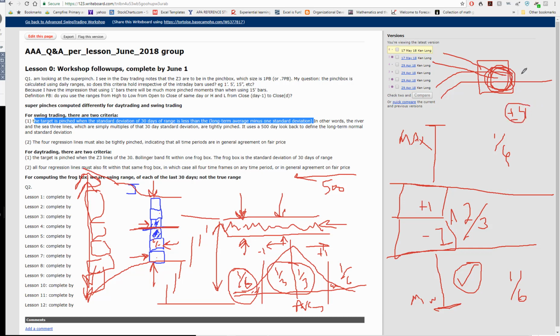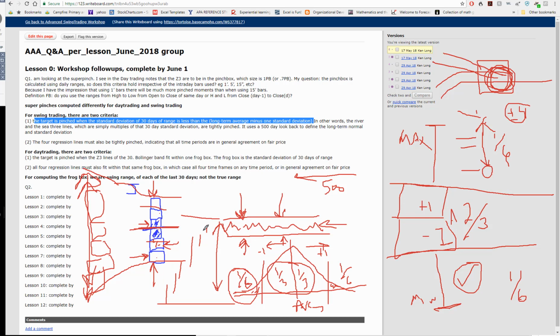So what I'm really doing is measuring the two regression lines that are the furthest apart, and I'm measuring that distance. And if they are within 4 standard deviations of each other, it makes them pretty tightly compressed. So they're all within the plus or minus Z2. That turns out to be on daily charts remarkably compressed.